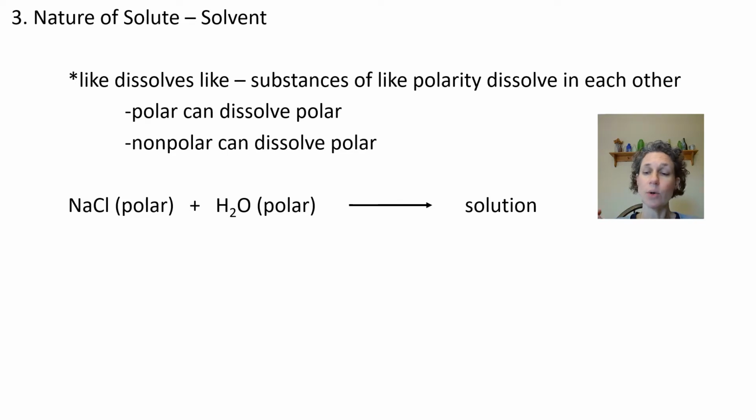It is the reason that oil and water don't mix. Oil is nonpolar, water is polar, so they don't form a solution. So in my little equation there, NaCl is just salt. It is polar. Water is polar. And salt dissolves very easily in water because of their like polarities.